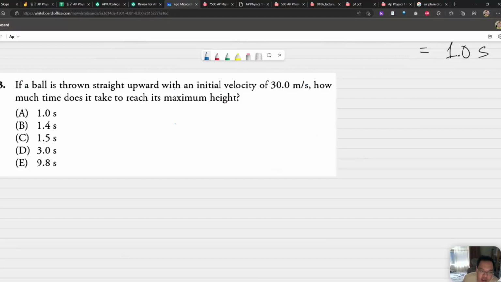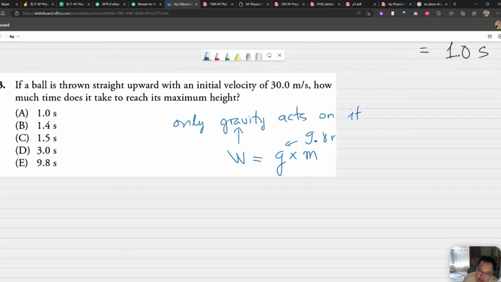Upward initial velocity, only gravity acts on it. Gravity acts on it, and we know that this weight is equal to g times the mass of the object, where g is 9.8 meters per second squared, and sometimes you can take 10 to simplify the calculation. So roughly equal to 10.